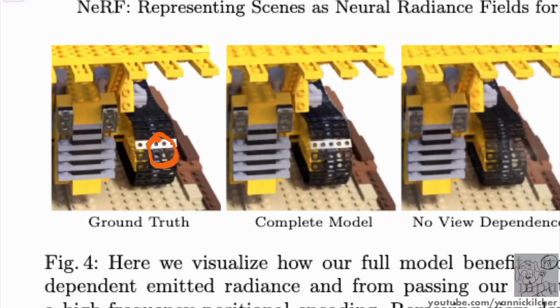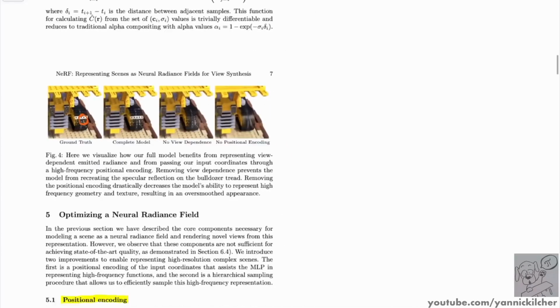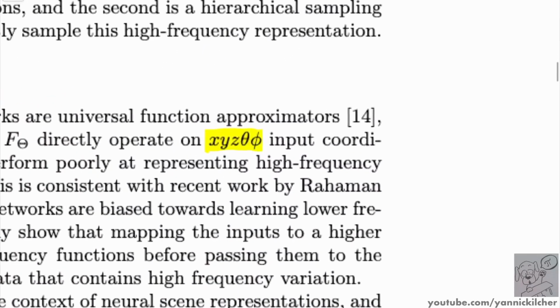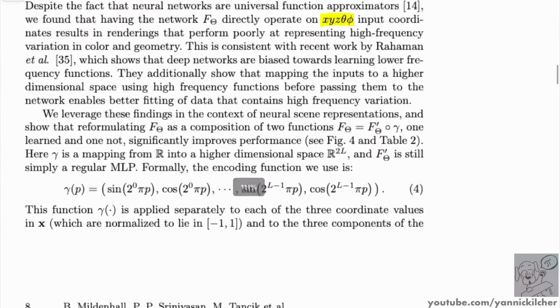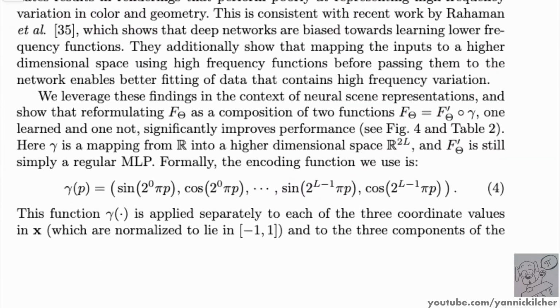So you need a way to handle fine differences between things, but you also need a way to handle coarse differences. And just a single floating point number probably isn't going to do it for a continuous function like this. So what you do is you send this to a higher dimensionality with these positional encodings that we know from transformers.